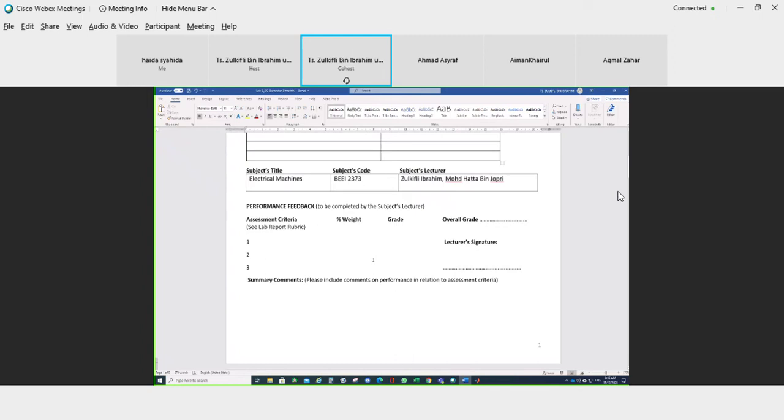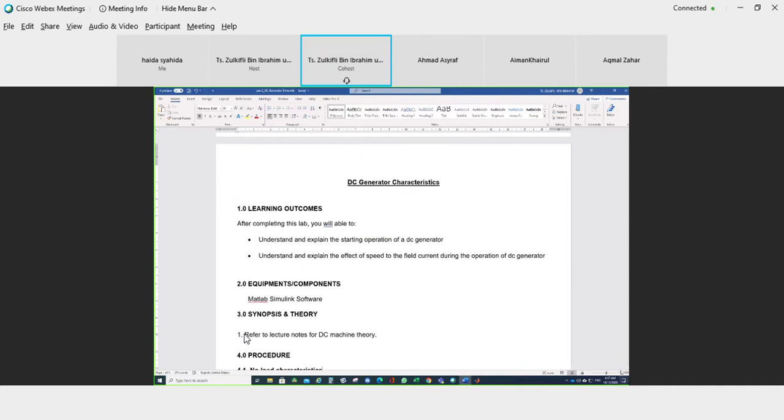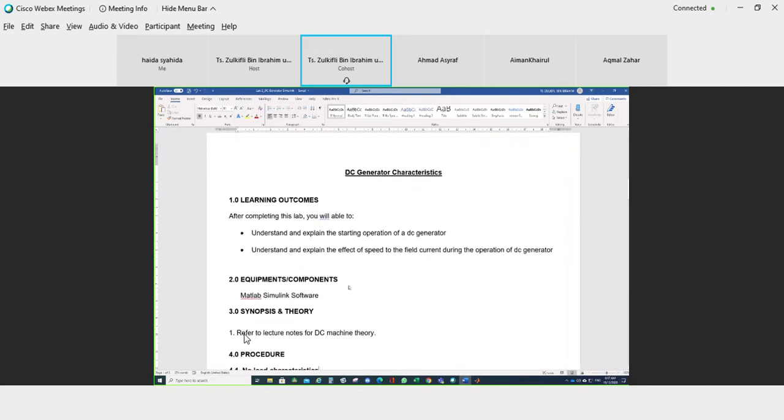Okay. So for the learning outcomes, we expect you to be able to understand and explain the starting operation of DC generator, dan juga understand and explain the effect of speed, kesan speed to the field current during the operation of this generator.